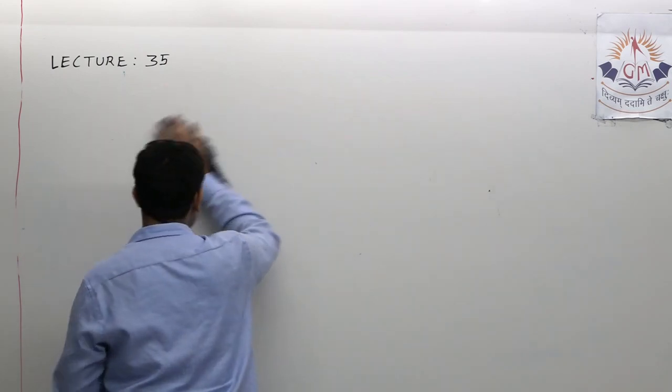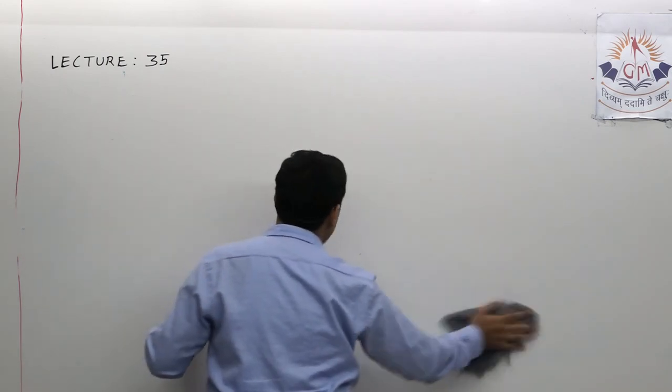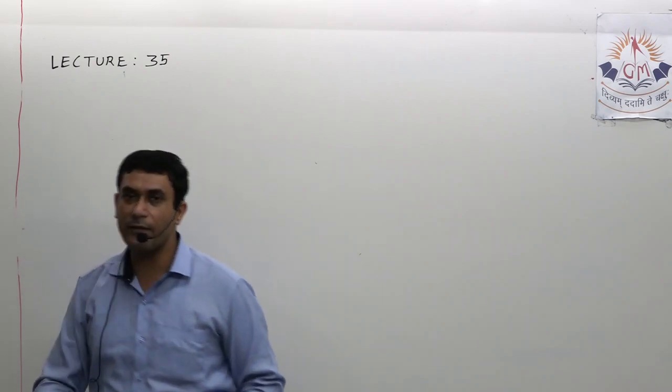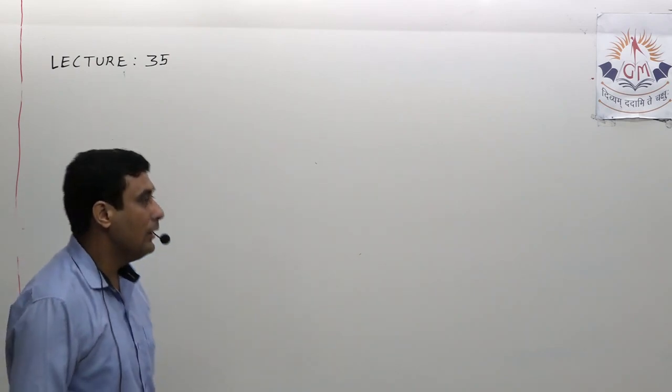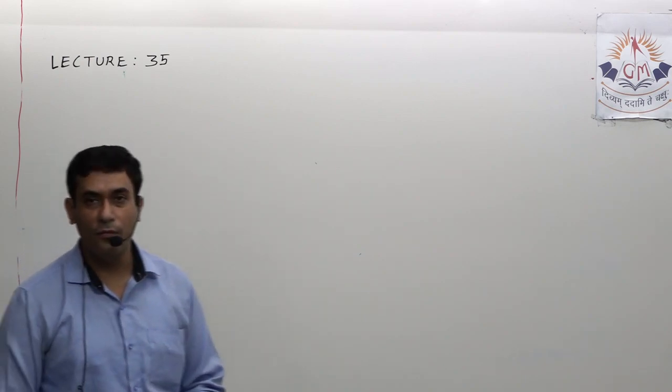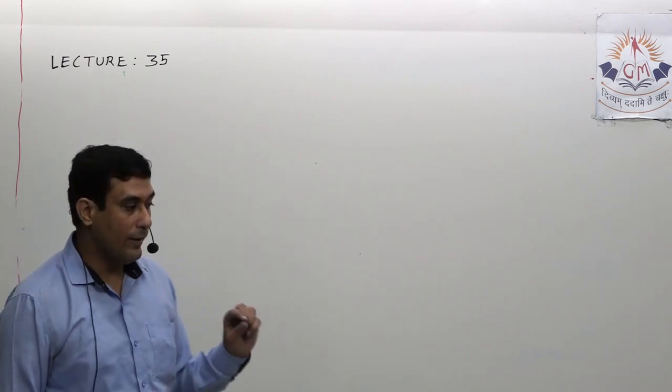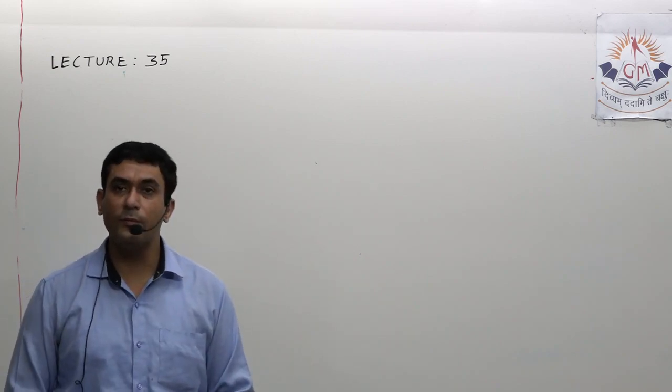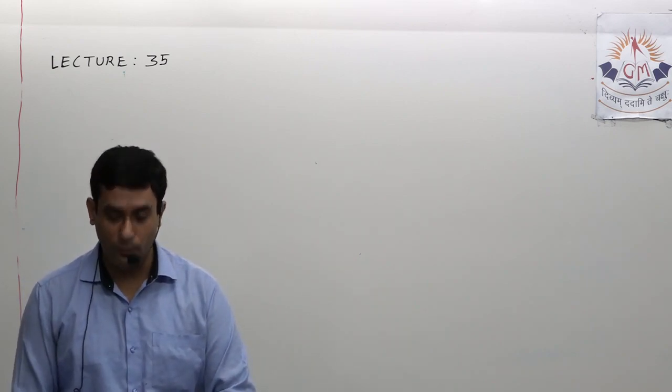Now, how to obtain the zeros? Here we are just checking whether the given value is the 0 of the polynomial or not. Now if I want to find the value of 0, that means I want to find that value of the variable for which the polynomial becomes 0. Then how to obtain this?